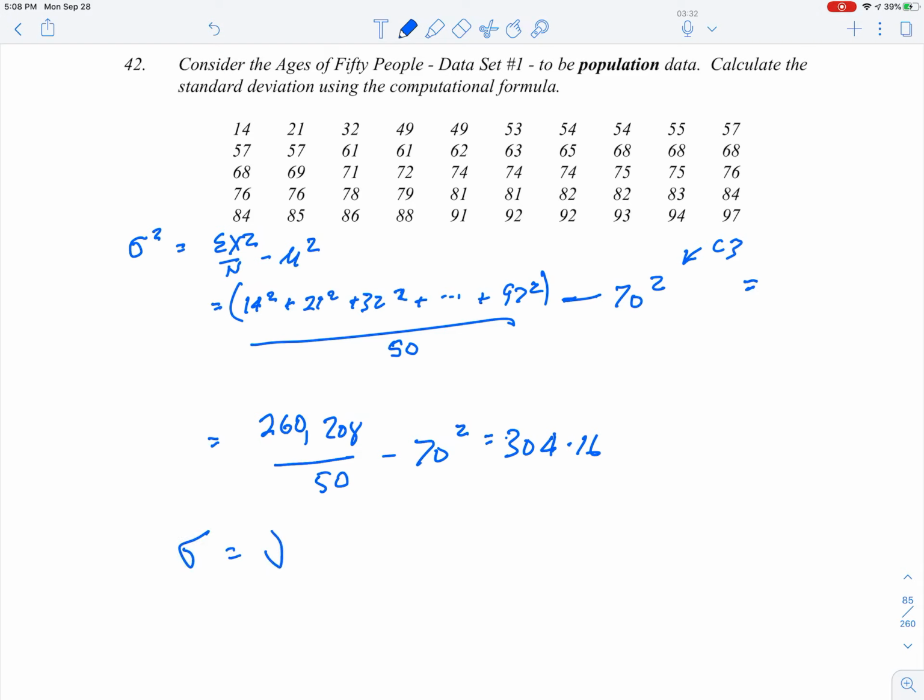And then finally, the standard deviation will be the square root of that, which is 17.44. So again, this is not an exact definition, but it kind of means that on average each number differs from the mean of 70 by about 17.44.